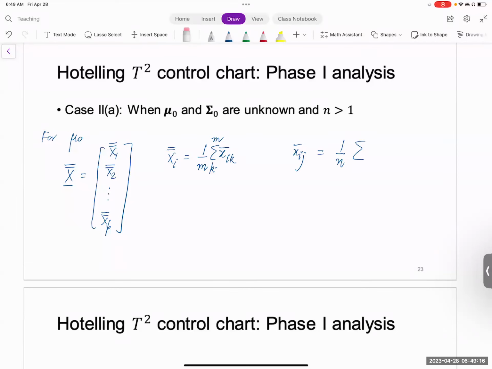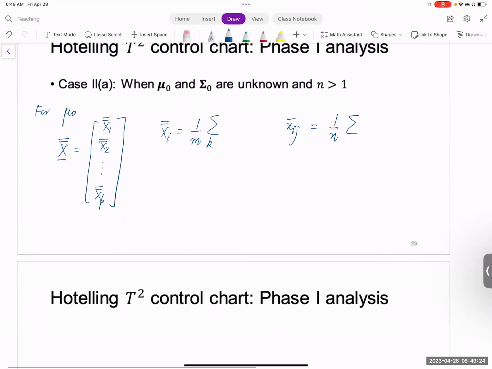Okay, let me write this one more time. This is equal to summation of k equal to 1 to m. I want to use k to denote samples. So that's why I'm using this notation bar.